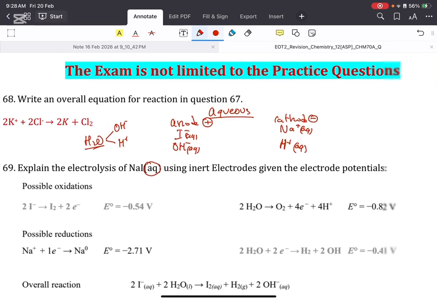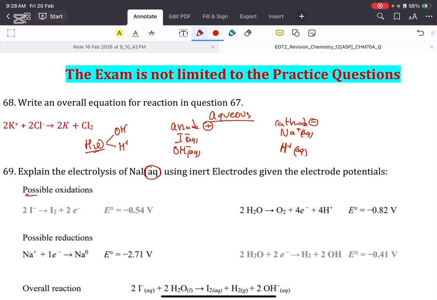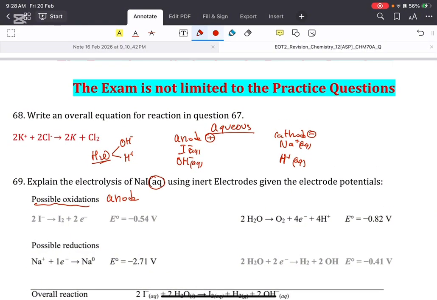In this case, we need to look at the possible oxidations happening at the anode and the possible reductions happening at the cathode. I know that I explained in class that whenever I have group 1, hydrogen gas is discharged at the cathode, and whenever I have Cl minus or Br minus or I minus, I will obtain I2 or Cl2 or Br2 at the anode.